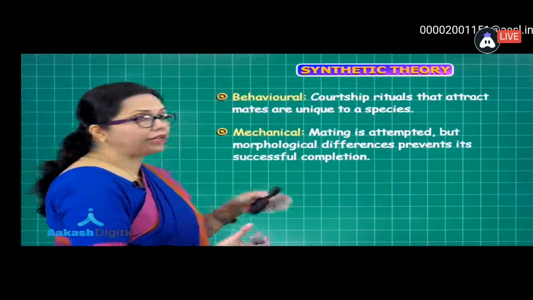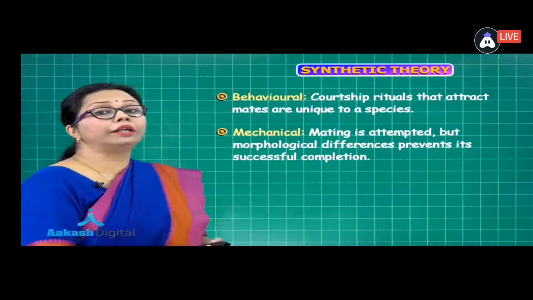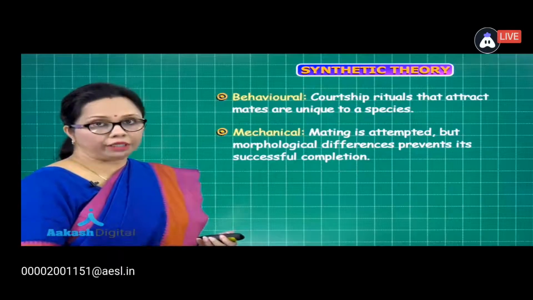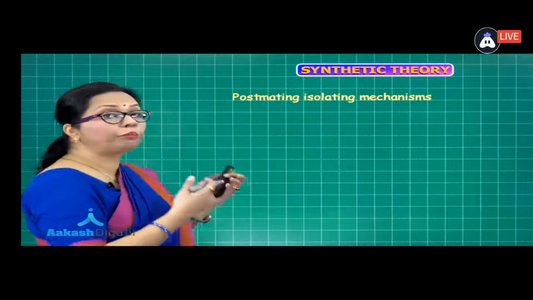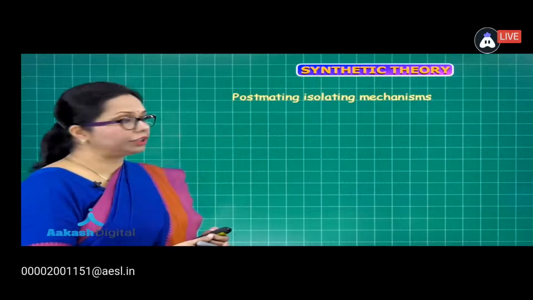Now even if this fails, then there would be the next category, that is post mating, after mating, the mechanisms which are preventing the mixing of these species.